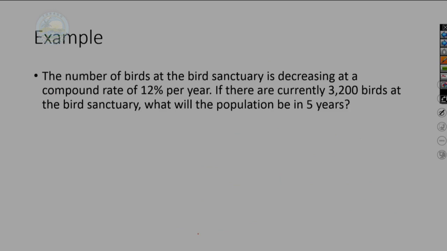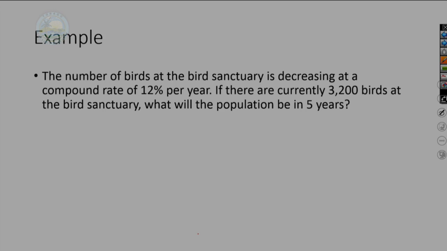Look at this question. The number of birds in the bird sanctuary is decreasing at a compound rate of 12% per year. If there are currently 3,200 birds at the sanctuary, what will the population be in 5 years? Same principle. It's not about money this time, it's about nature, but the formula works regardless.